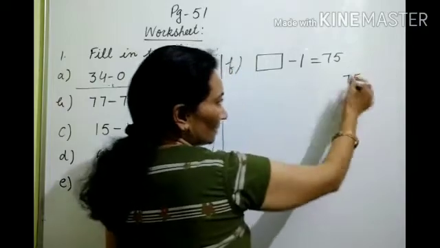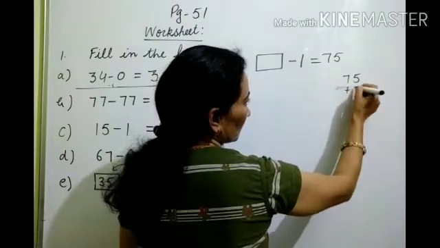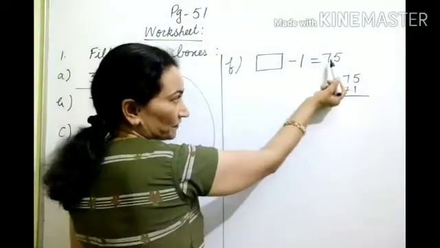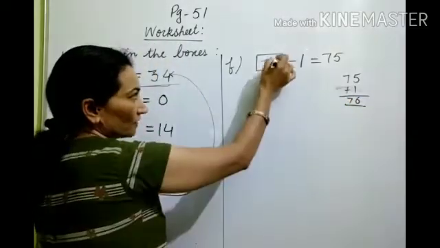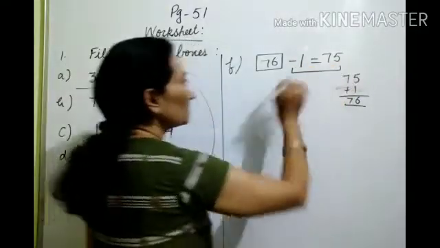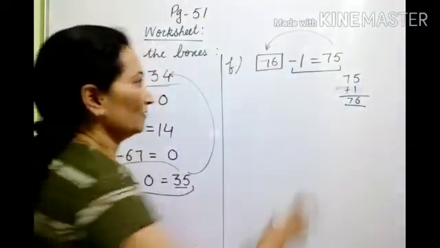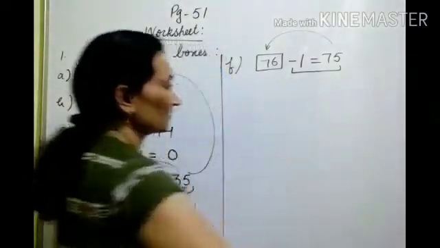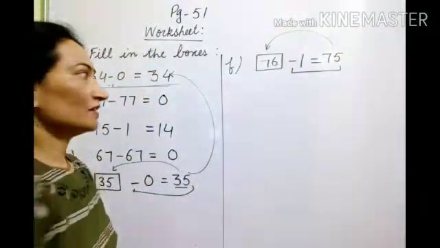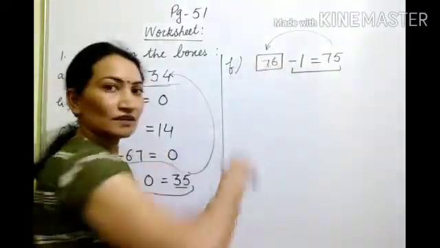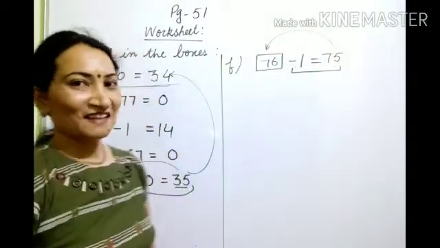We will add 1 to the answer. 75 plus 1, 76. So 76 will come. If subtraction is here, then to get the first number we will add both the numbers, 75 and 1, then we will get 76. Now we can solve 76 minus 1. What will come? 75. Clear?